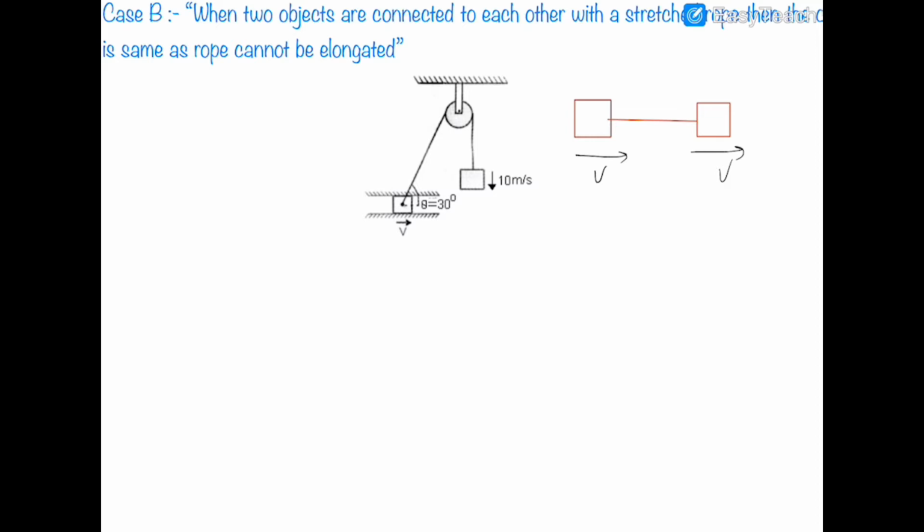This is because the rope is not elastic and cannot be stretched beyond its taut length, and hence the velocity of point A and point B will be the same if the rope is taut.